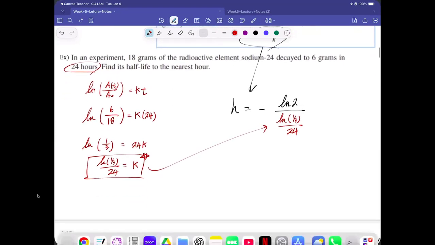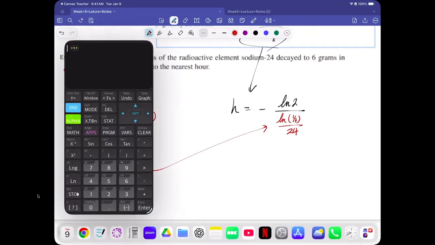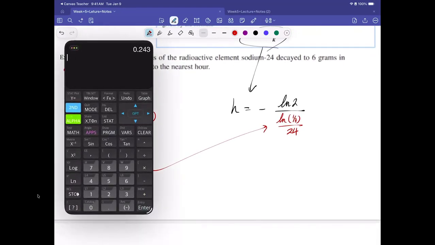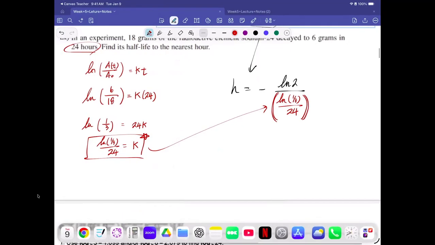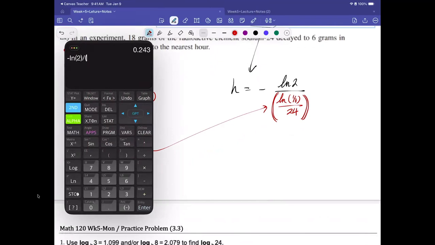Now I'm going to show you how to plug it into the calculator. It's not hard, but it looks a little bit complicated. So negative ln 2, this is easy to do, right? And then divide by, okay? When you plug in ln 1/3 divided by 24, you must put the parentheses on your calculator, so like this.